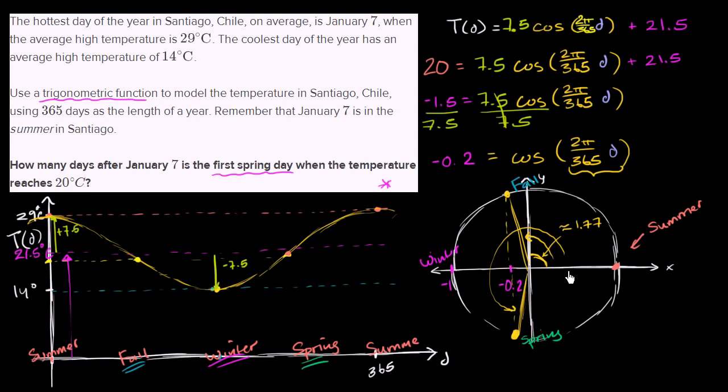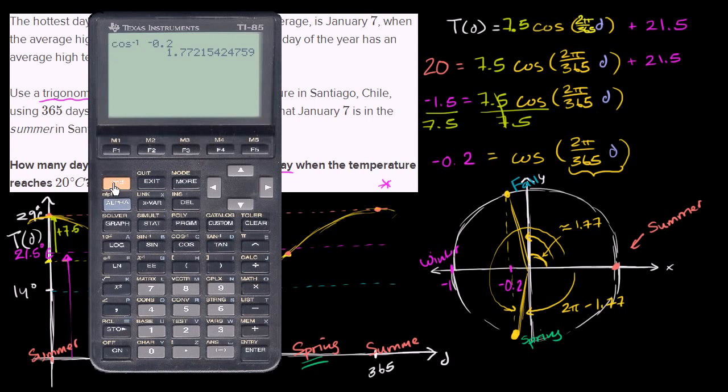Well, we could view it as we could go all the way around to 2 pi and then subtract 1.77. So we could say 2 pi minus 1.77 roughly to get this angle. So let's do that. So let's take 2 times pi and then subtract this number.